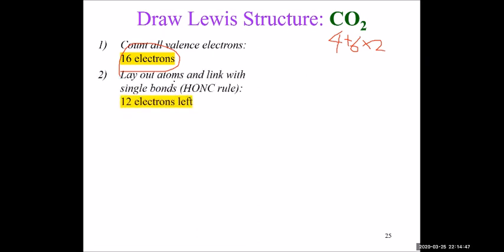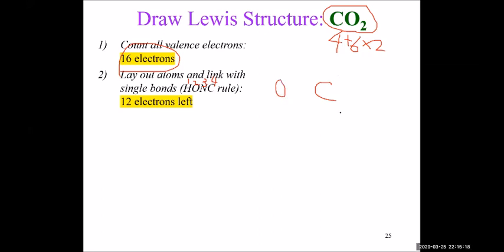Then we lay out atoms and link with single bonds first, and we use the HONC rule as a guideline. Between carbon and oxygen, which atom is most likely to be the center? The HONC rule says the number of bonds is 1, 2, 3, and 4. Carbon can form 4 bonds. It's most likely to be the center. Oxygen is more to the left, so carbon should be the center.